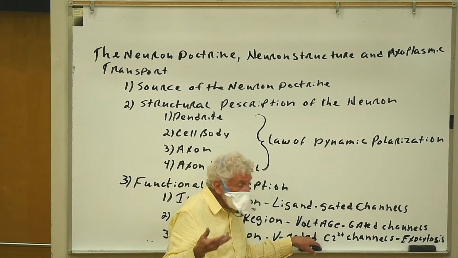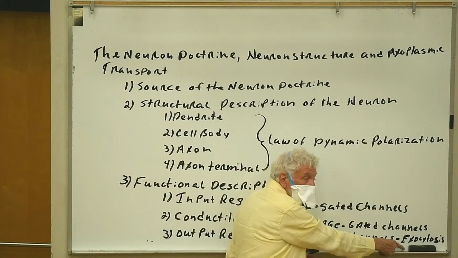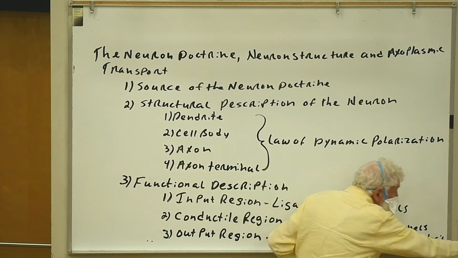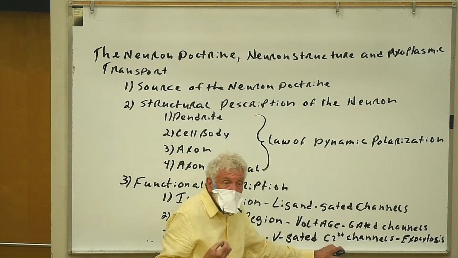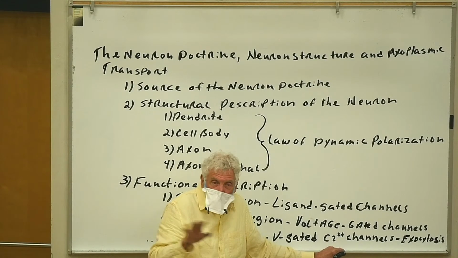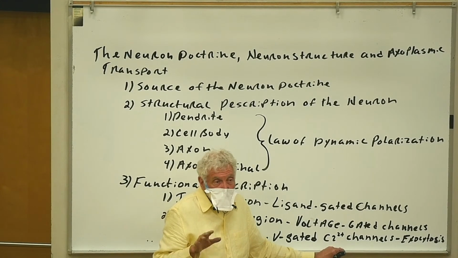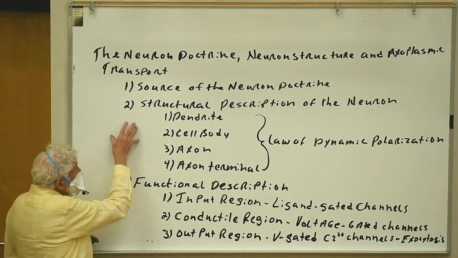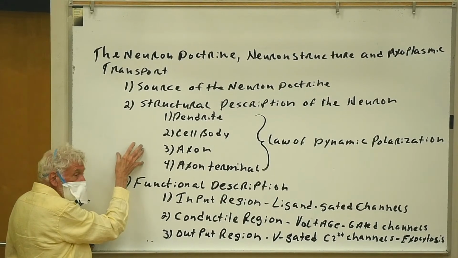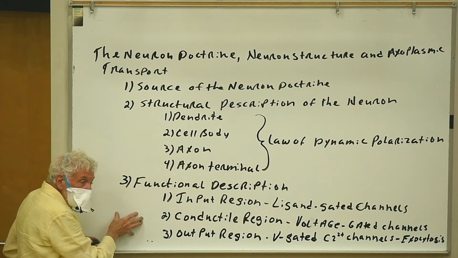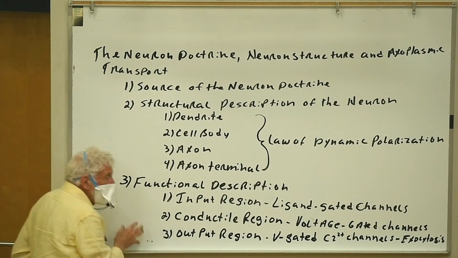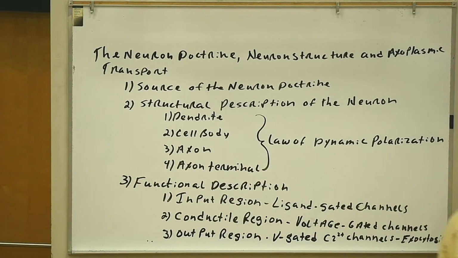The calcium coming into the cell will then trigger vesicles to fuse with the plasma membrane and release neurotransmitter by exocytosis. We'll get down into the weeds of all of this. But for now, I just want to think about these two descriptions of the neuron, one based on its anatomy and one based on the distribution of its different kinds of transmembrane channels.